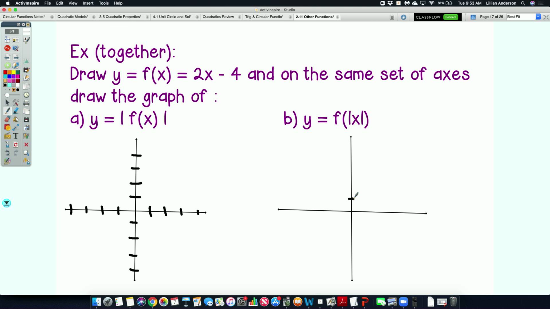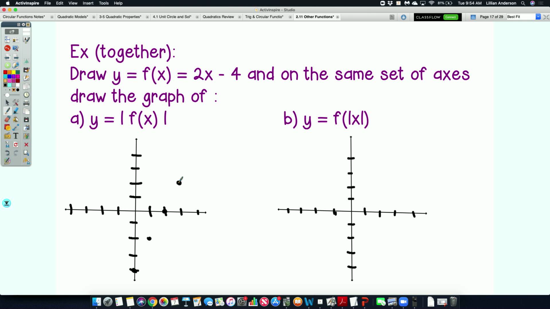What does 2x minus 4 look like? A y-intercept at -4 and then increasing by 2. What do you mean? Up 2, over 1 for every x. Okay.